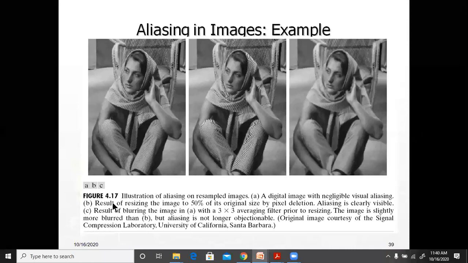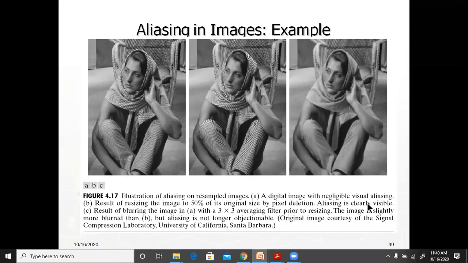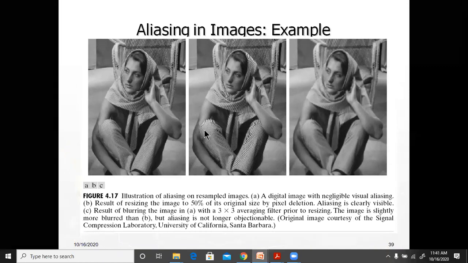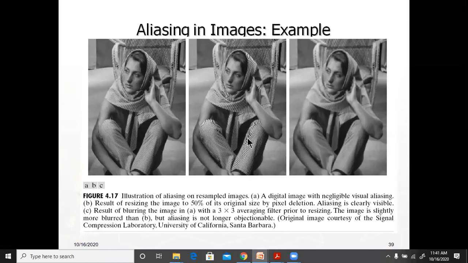The second one is the result of resizing the image to 50% of its original size by pixel deletion. Aliasing is clearly visible in this. You can see a little aberration here and here and here.